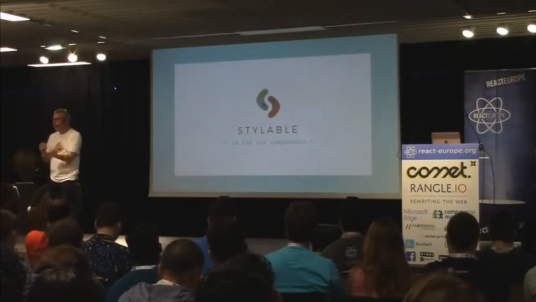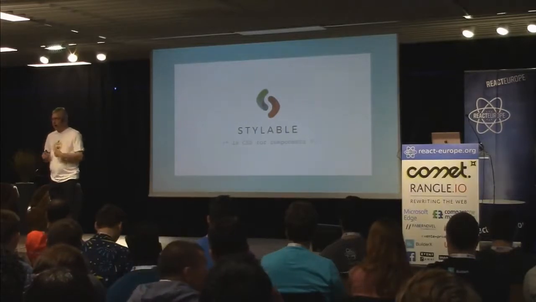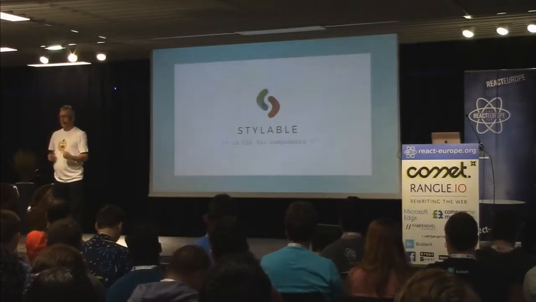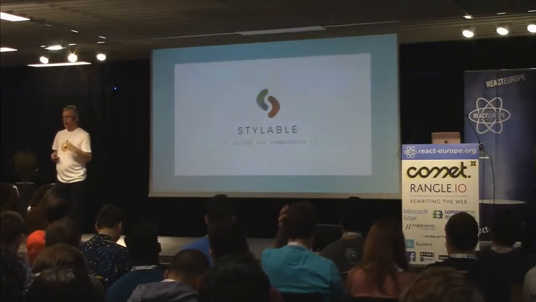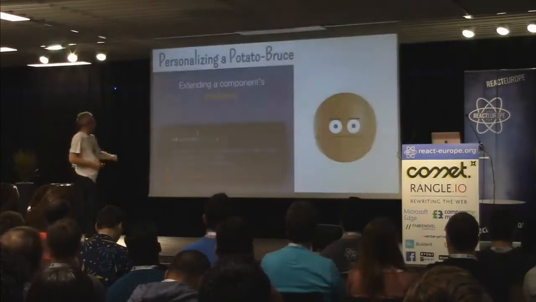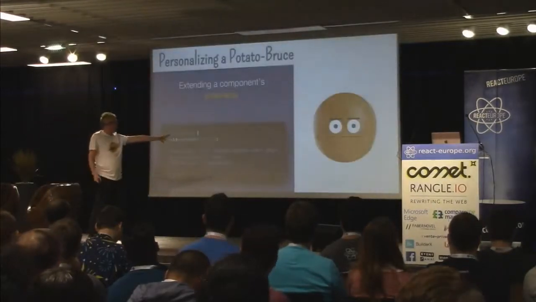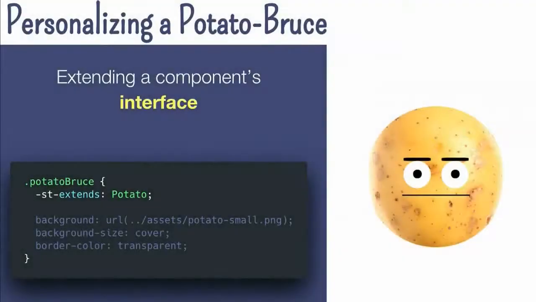We have hundreds of designers whose tool of trade is CSS, and we think it's a bit rude of them to make them change the way they work. So they just get to write CSS, which makes them happy, and happy designers make happy components. So we're going to make Mr. Potato Bruce. Okay, so first thing I'm going to do is I'm going to extend the generic potato component.